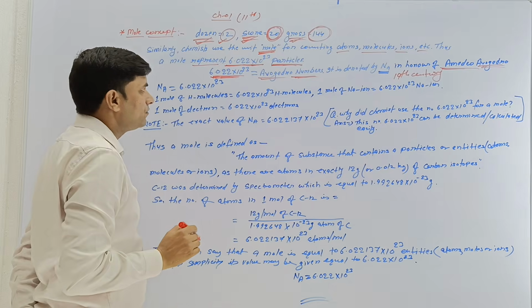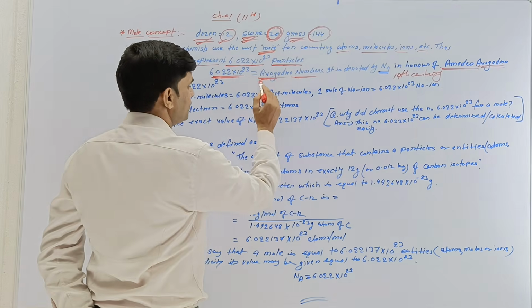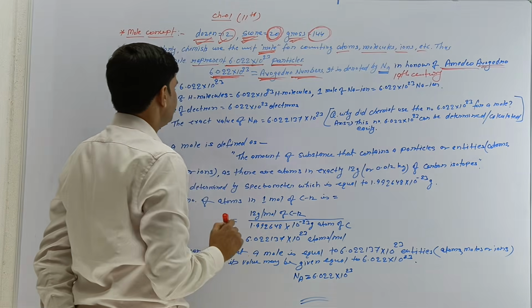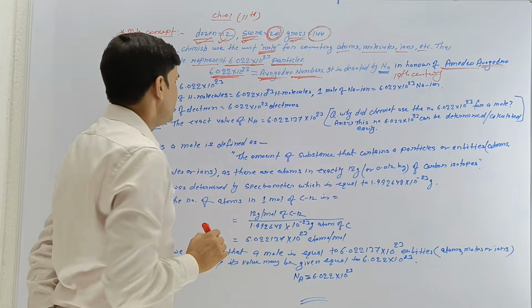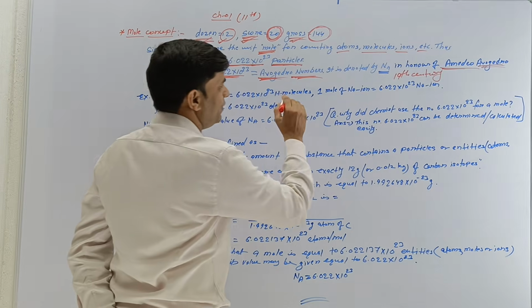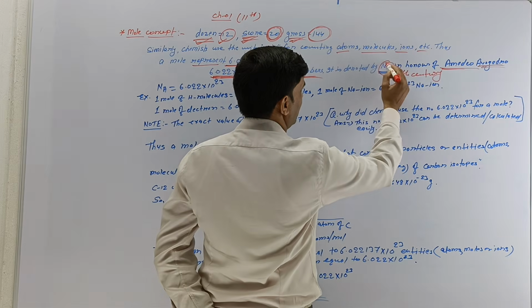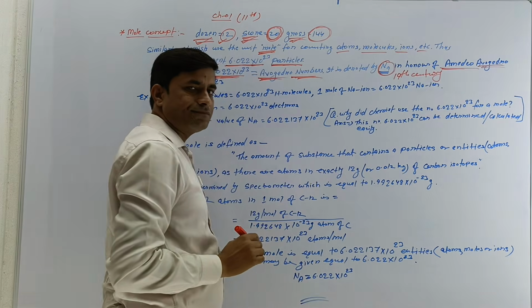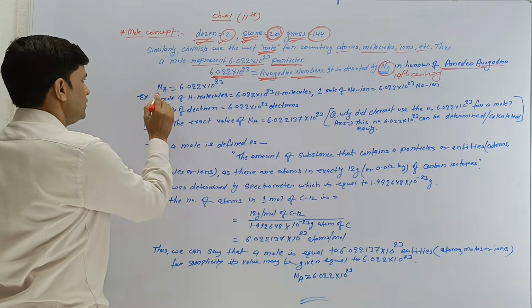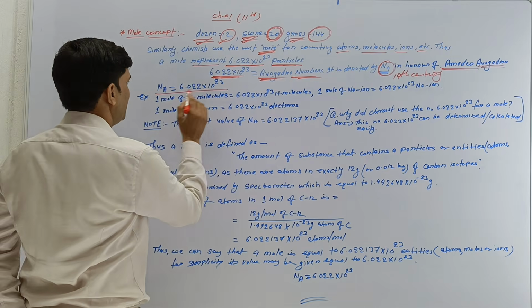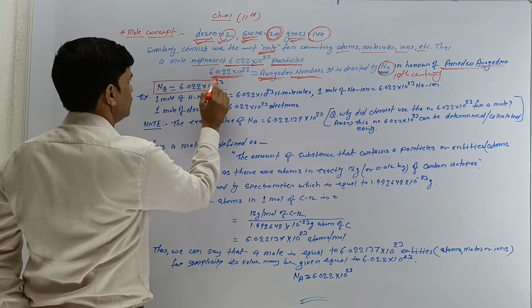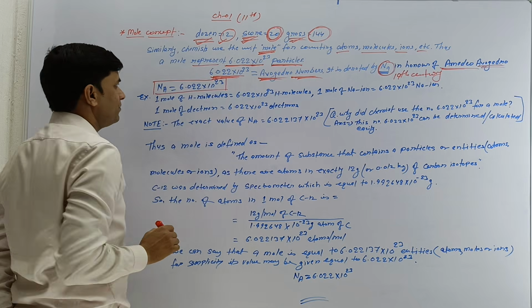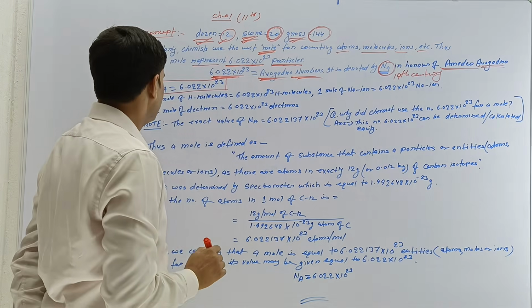We call this number the Avogadro number, and we denote it with N_A. So N_A is equal to 6.022 into 10 to the power 23.